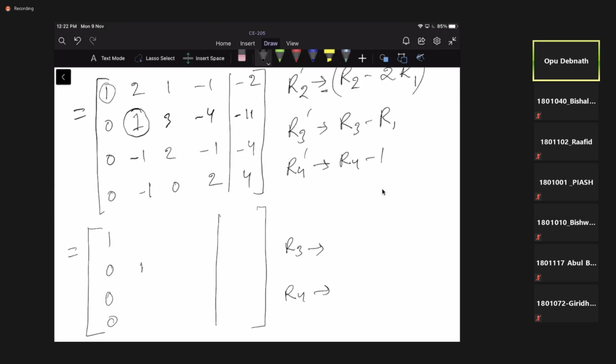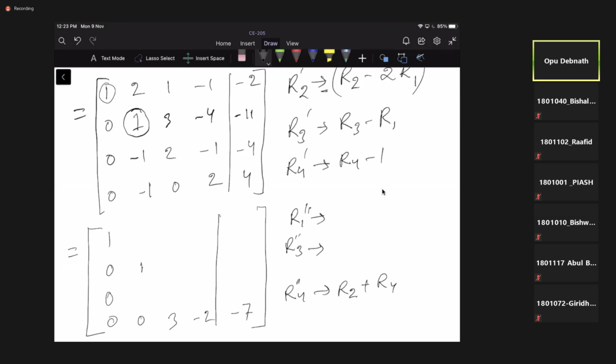If for R4 you simply do R2 plus R4, this will give you this element 0. This element will be 3 and this will be 2 minus 4, that means minus 2. 4 minus 11 that means minus 7.